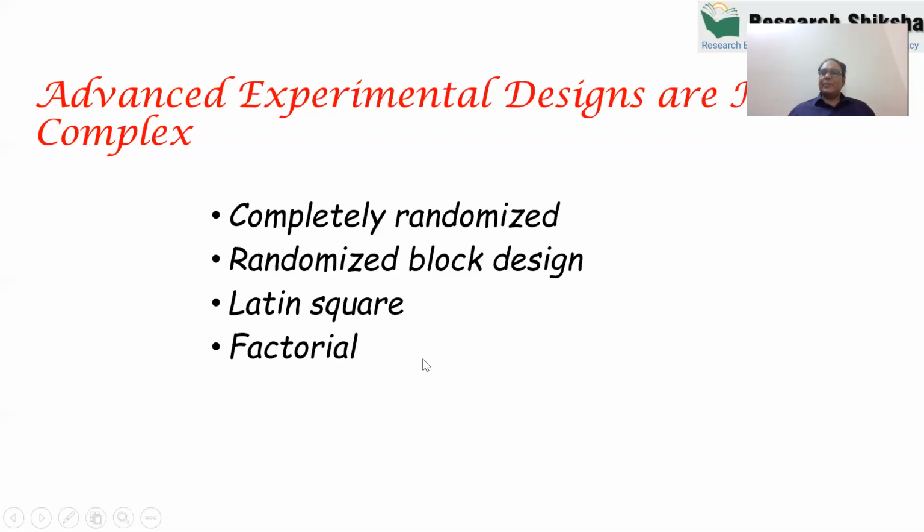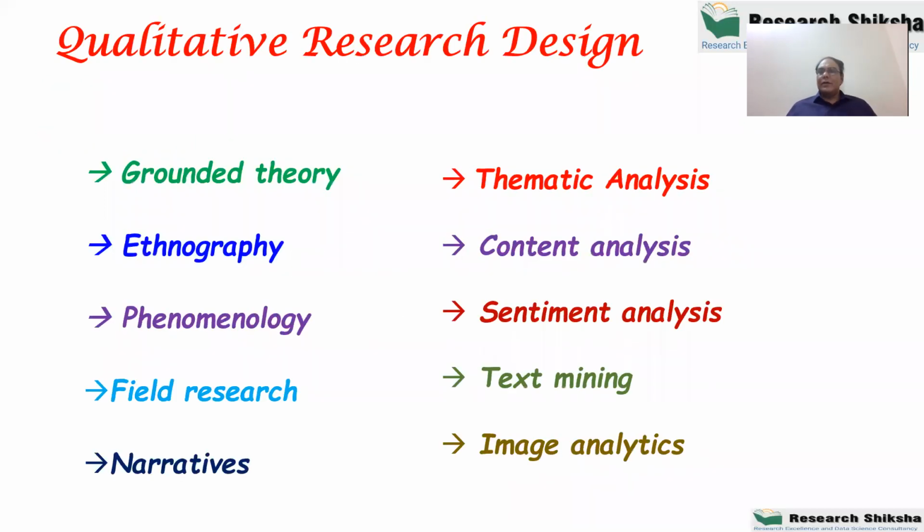You can make your own advanced designs in experiments. So I hope after this you have a clear idea of the different experimental designs we can conduct. Whenever we talk about experimental designs, we should know about extraneous variables, internal validity, external validity, and all. Now I'm going for the fourth option. Nowadays, this qualitative research design is becoming very popular.